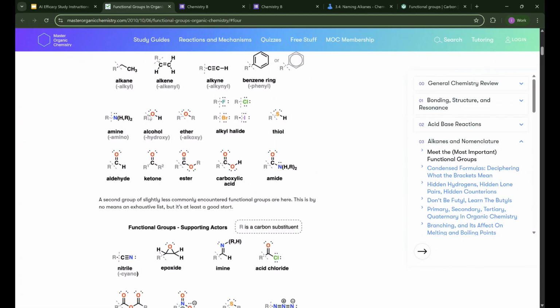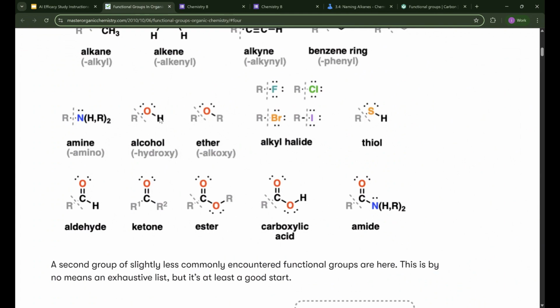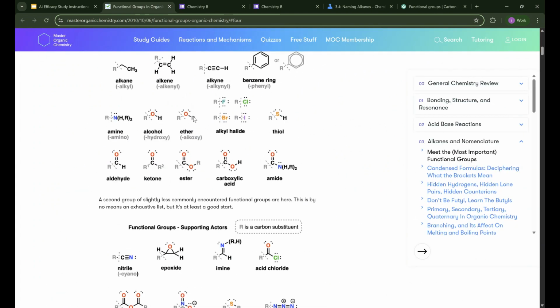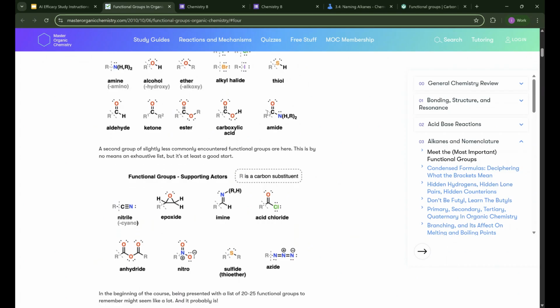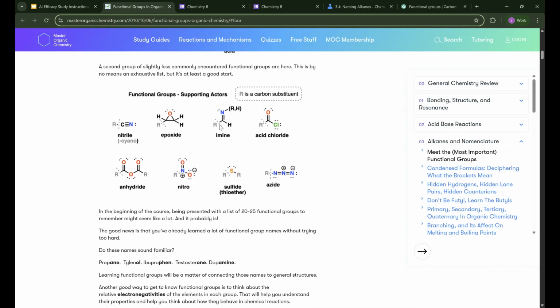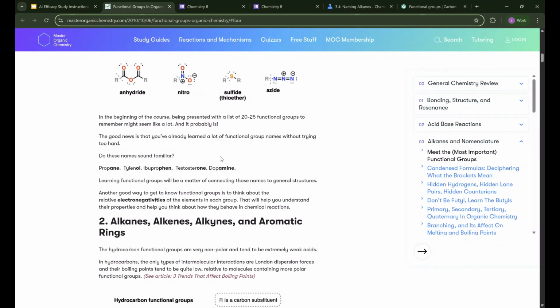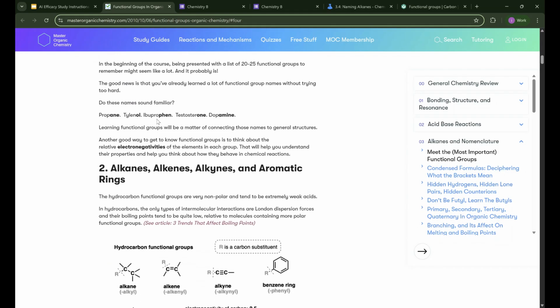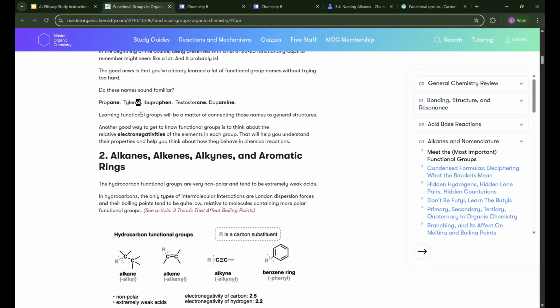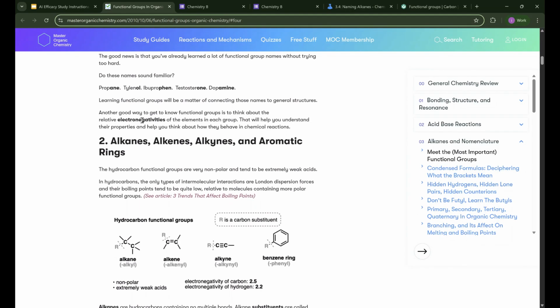For instance, alcohol and ether. Okay, I like that it provides the names, like -ol for alcohol. Oh well, Tylenol. Oh, I didn't actually know that.